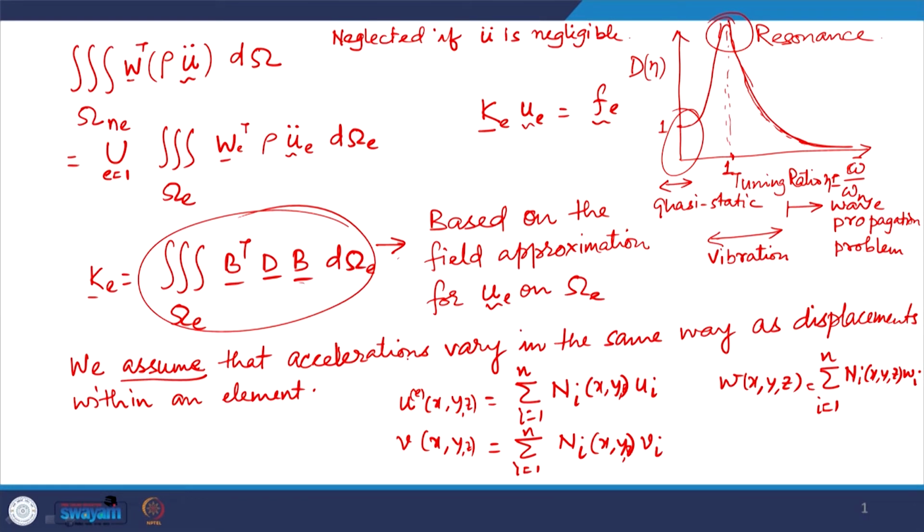So, we extend the same variation. We assume that the accelerations also vary in the same way as the displacement. So, the nodal values of acceleration are interpolated in the same way as the displacement to derive the acceleration field.